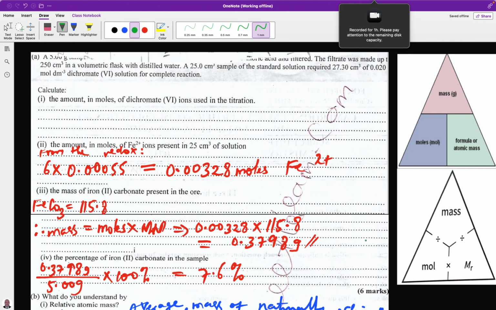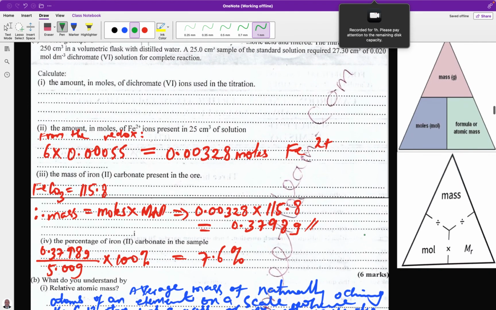From that, 25 cm cube of the standard solution required 27 cm cube of 0.02 mole dichromate solution for complete reaction. I told you it's a redox reaction. The first thing when you see a redox reaction is to try to write the redox equation, the oxidation and the reduction. Then you balance it and make the redox equation. You will use that in calculating one section of it.